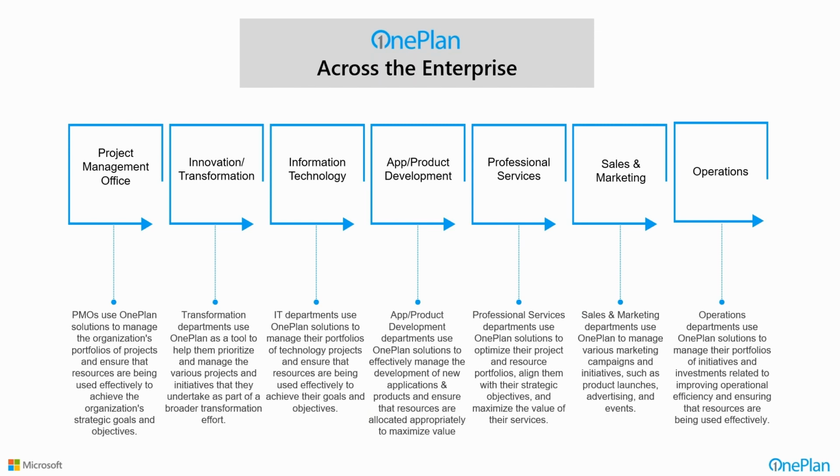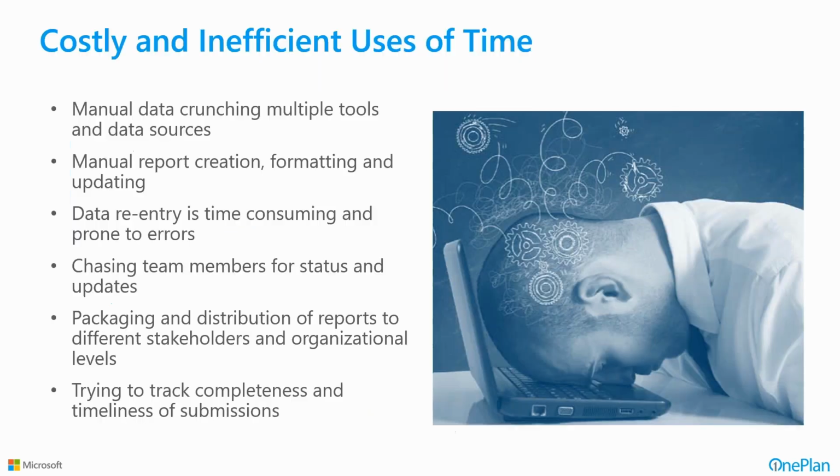Whether it be the PMO, whether it be the innovation or transformation program, whether it be IT, whether it be application development or professional services or the sales and marketing organizations, or even just general operations. There's work and initiatives going on in all these, and they may have different needs. They may have different natures of projects that they're doing. The idea is adaptive project and portfolio management is designed to accommodate all this and the flexibility that's required.